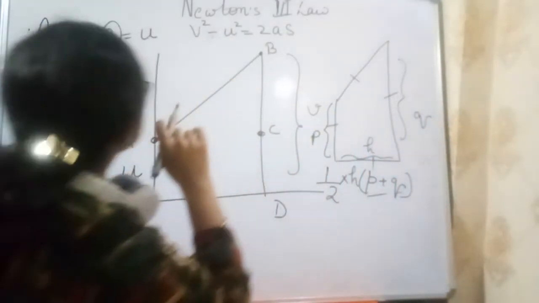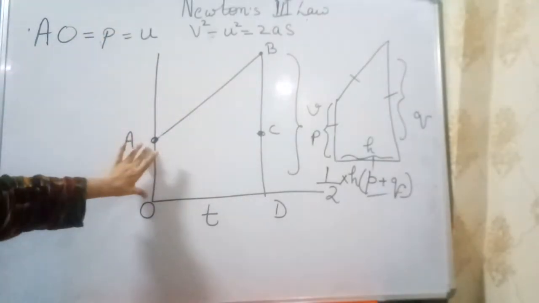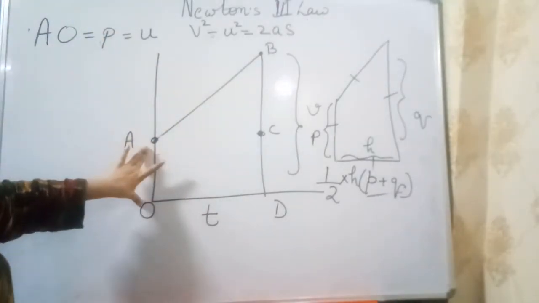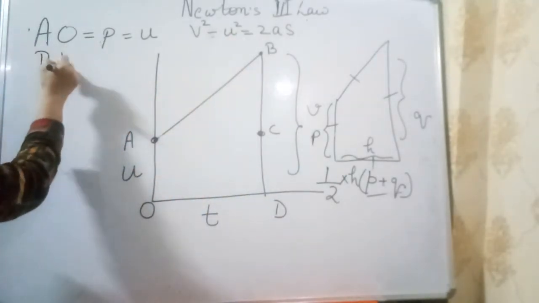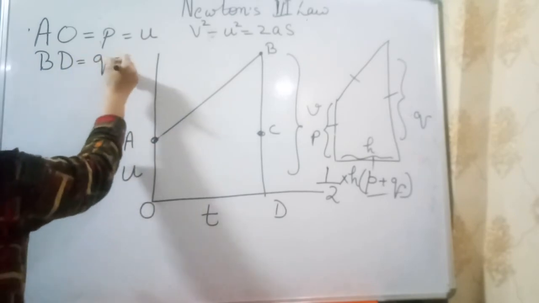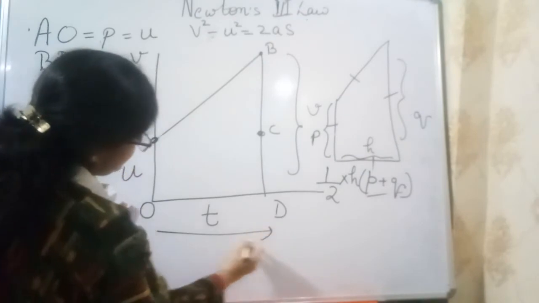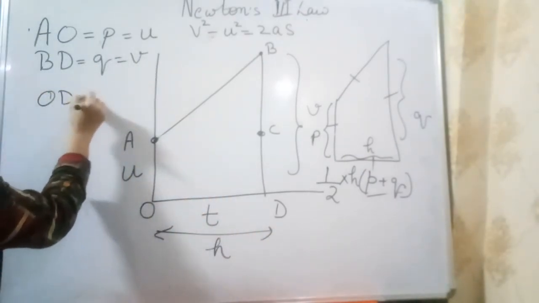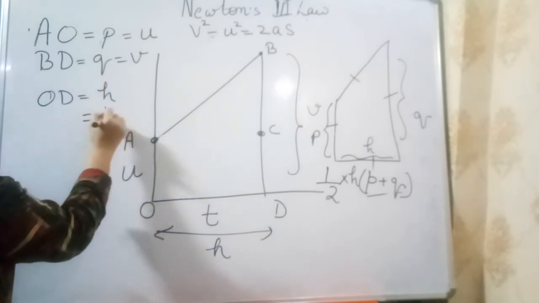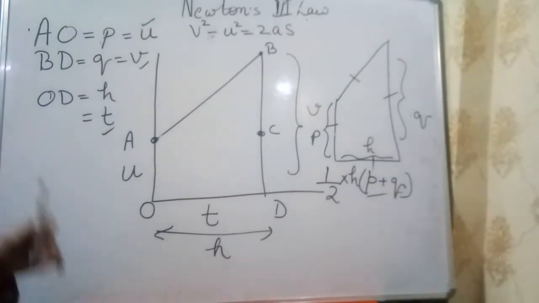That means U is equal to P. The second line, parallel to AO, is BD. The value of BD is Q, which is equal to V. Now this line is the height of the figure, H. That means OD is H, which is equal to T. We have to use these variables. Clear? Now I am going to rub the figure.